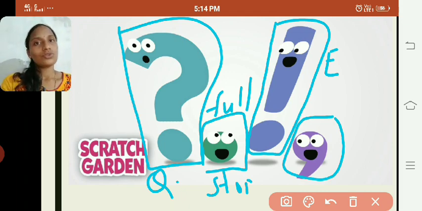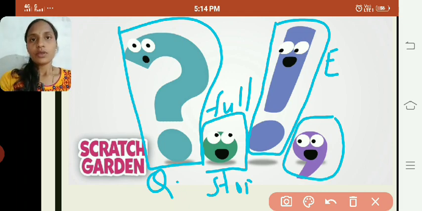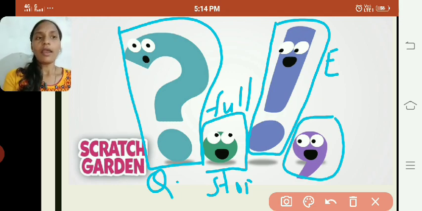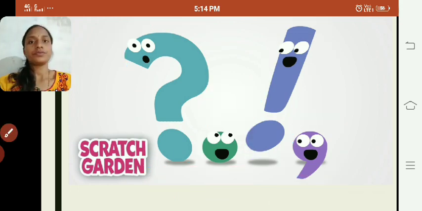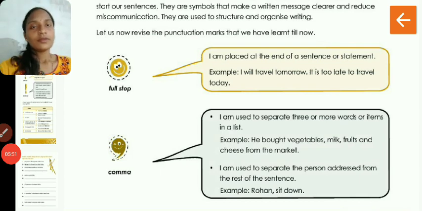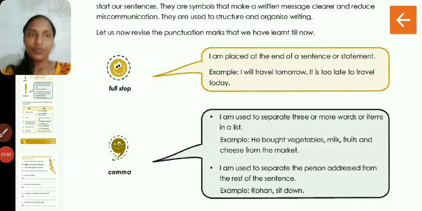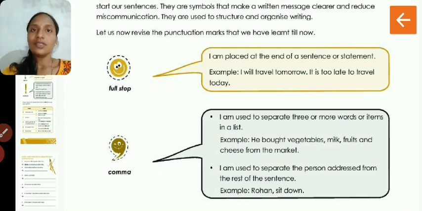Comma is to show somewhere for pause, and it also separates three or more things. So these are the 4 punctuation marks we had learnt in module 2. Now students, we will see where do we use these punctuation marks.